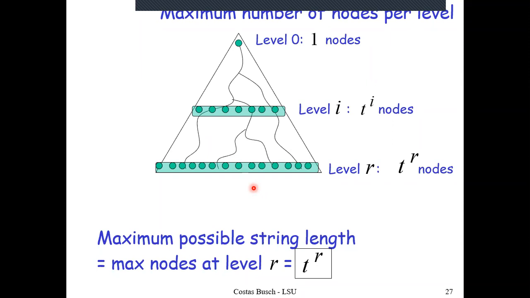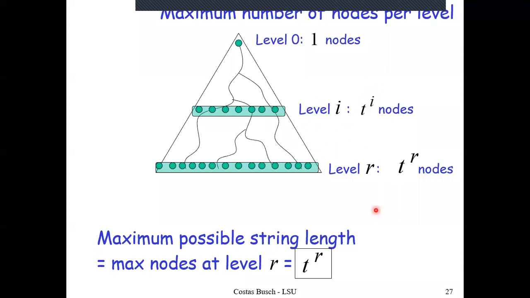And now if somebody asks what happens when the height of the tree is 2, then you would say, well, the length of the string produced by that tree is t square maximum. You're just giving me the upper bound. And if the height of the parse tree is i, then the upper bound for the length of the string produced by that tree is going to be t to the power i.